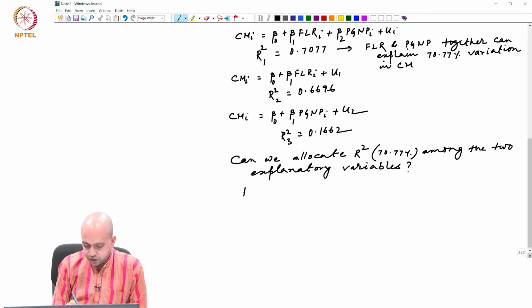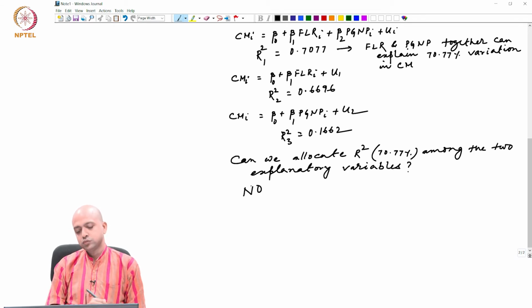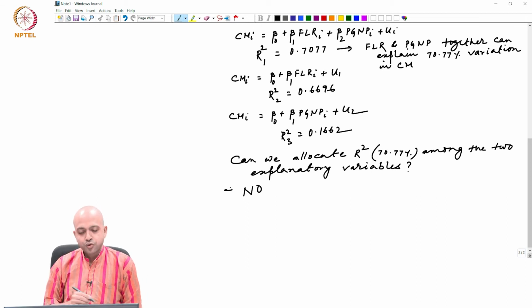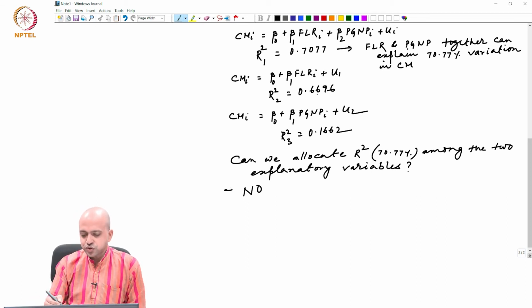The answer is no, we cannot. Why? Because if you allocate 66.96% to FLR, then the remaining 70.77 minus this much should have been explained by PGNP, but PGNP is explaining much more than that. So, it is actually not possible to allocate this R square.